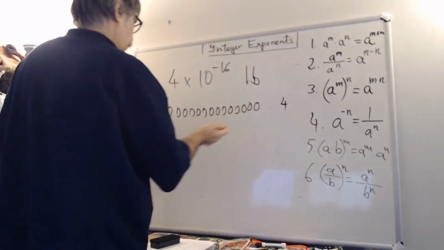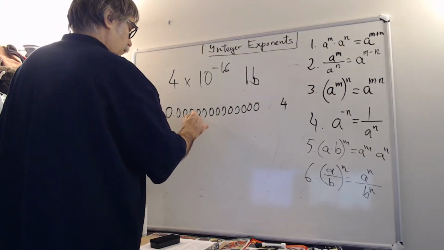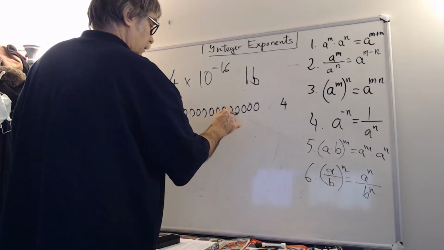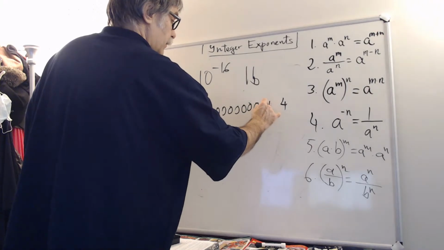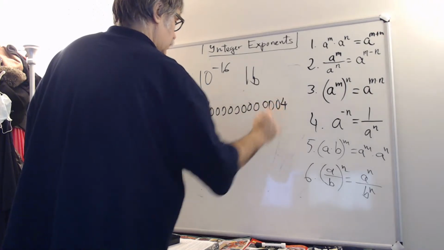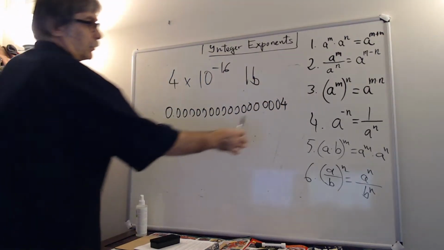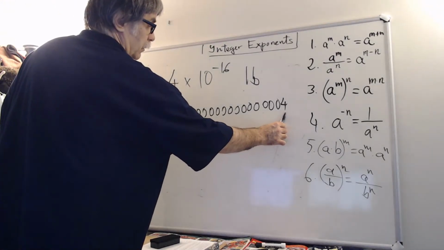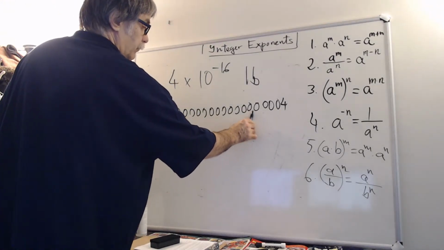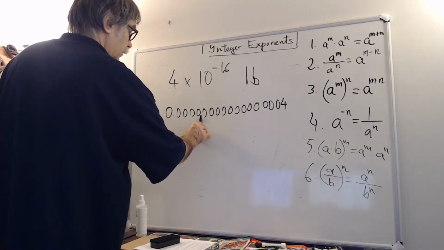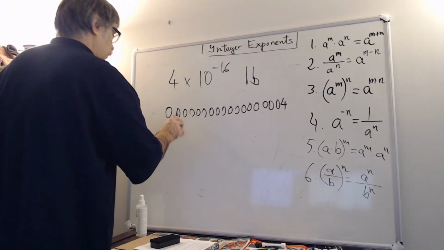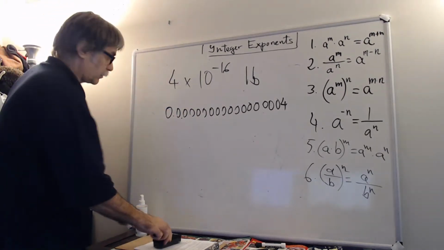So I have the floating point here: 1, 2, 3, 4, 5, 6, 7, 8, 9, 10, 11, 12, 13, 14, 15, 16. There you go. So I move this floating point from here 16 times. I have 1 zero too many.